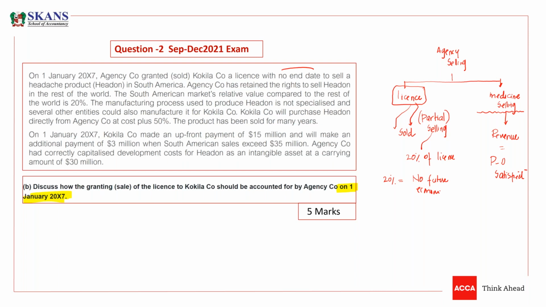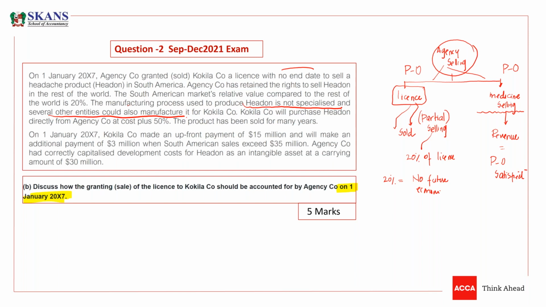So we can say that agency is selling two contracts separately. This is a separate PO because they are not interrelated. Where is it written that they are not interrelated? It is written that Head-on is not a specialized thing. The manufacturing process to produce Head-on is not specialized, and several other entities could also manufacture. It means the license and the medicine are not interrelated.